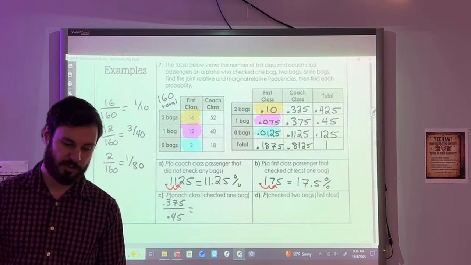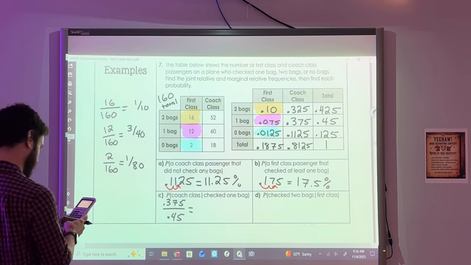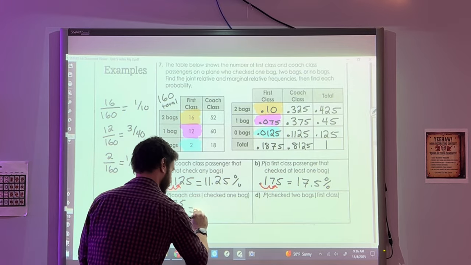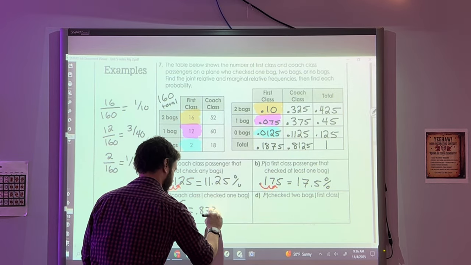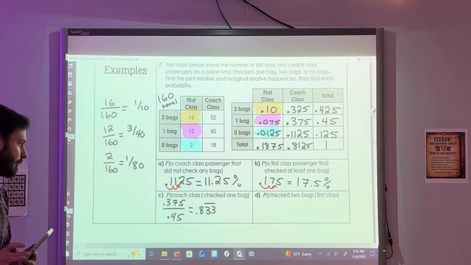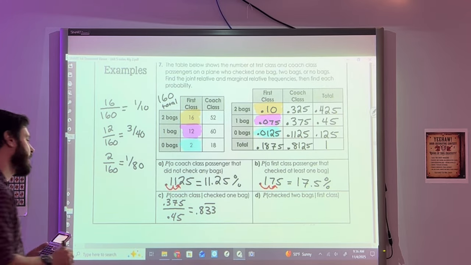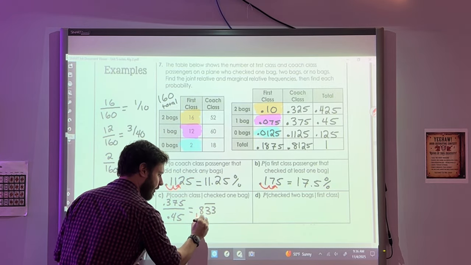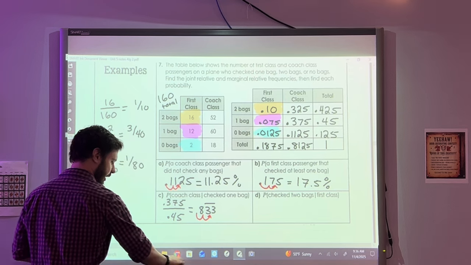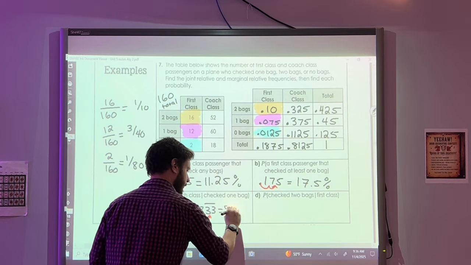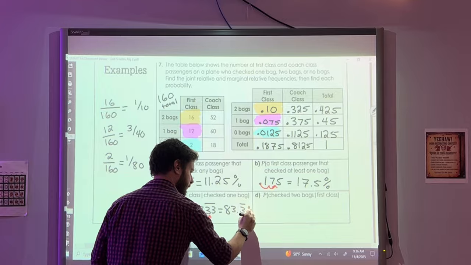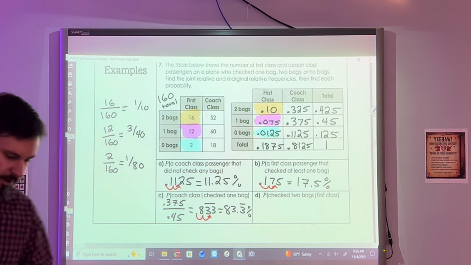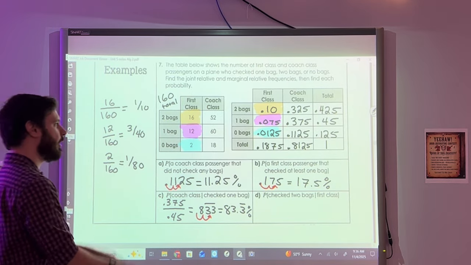Okay, and I need to bust out the calculator to do this. 0.833, repeating forever and ever. If I'm gonna change this to be a percent, I'm gonna take the decimal, and it doesn't matter that it repeats. I'm gonna take it and drag it 2 to the right. 83.3%, repeating.